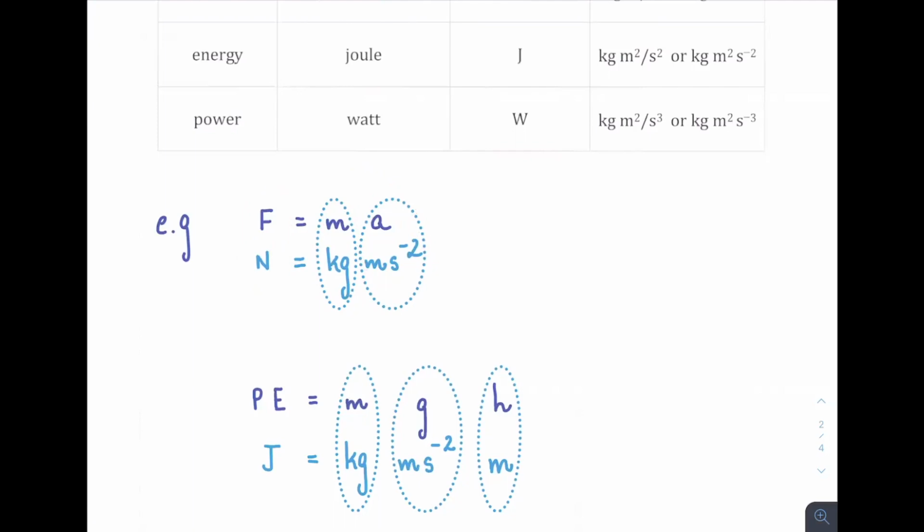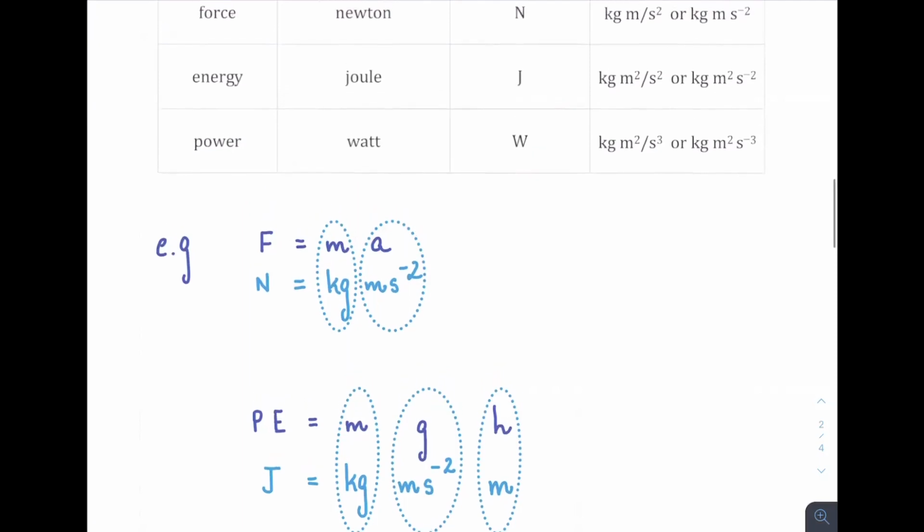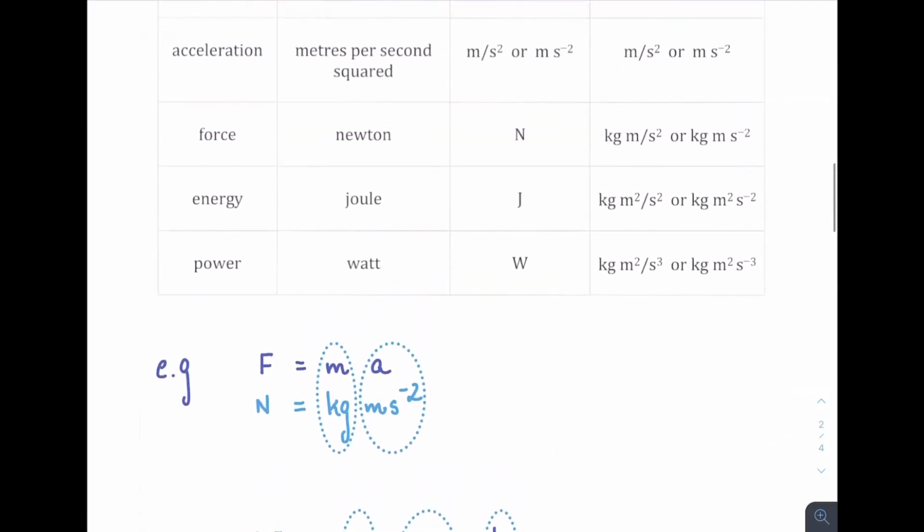So the Newton is equivalent in base units to kilogram meter per second squared. So kilogram times meters times seconds to the power of -2. So the Newton expressed in base units is kilogram meter per second squared.